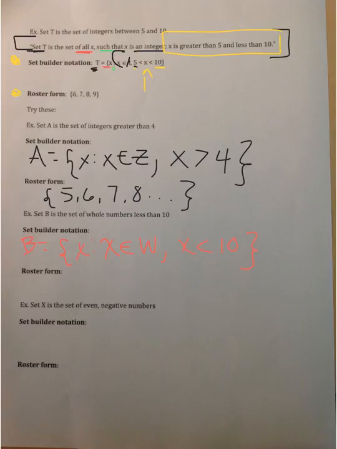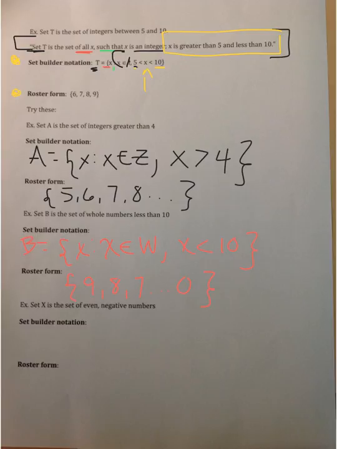Perfect. Roster form, 9, 8, 7, and I'm going to go ... and I'm going to end at 0. I don't feel like writing it all out, but it needs to stop at 0. It can't just say ... because then that would be continuing into integers.